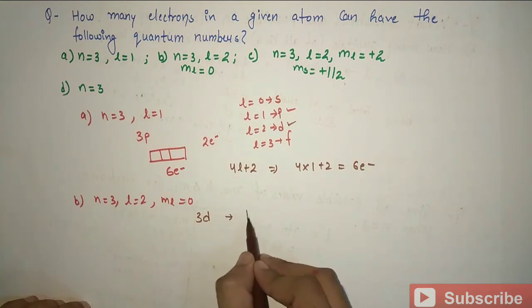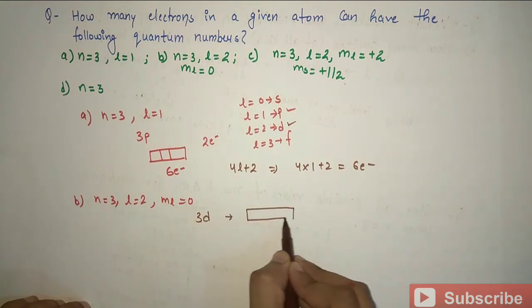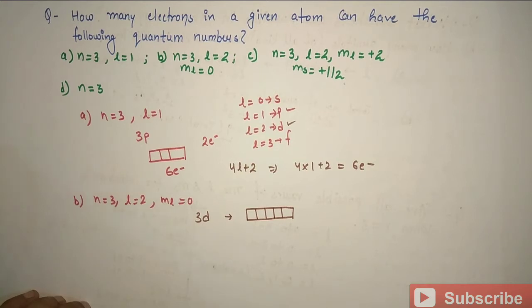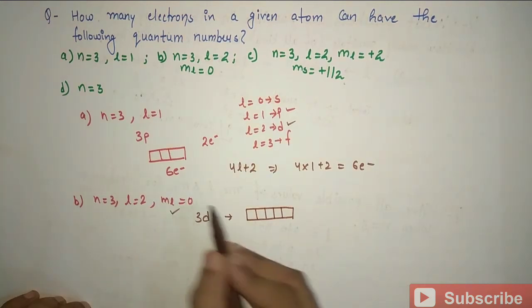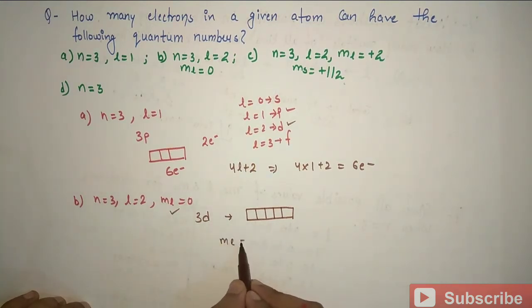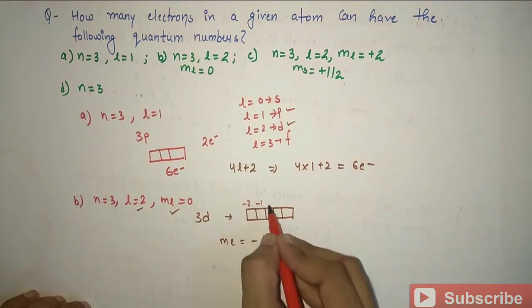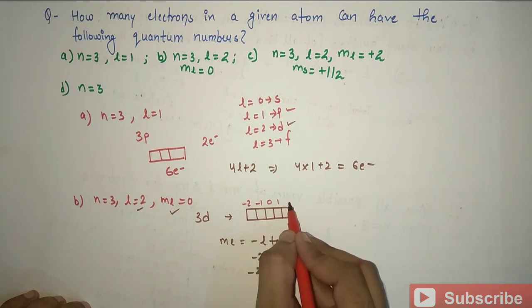Since the d subshell will have 5 orbitals, and the value of ml is given as 0, since ml is equal to minus l to plus l, and the value of l is 2, so minus 2 to plus 2 comes out to be minus 2, minus 1, 0, plus 1 and plus 2.